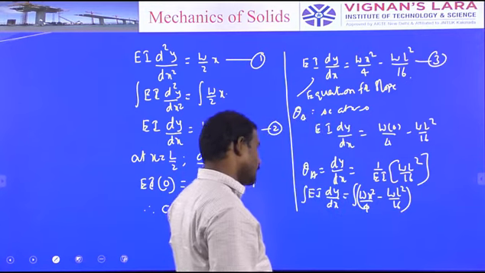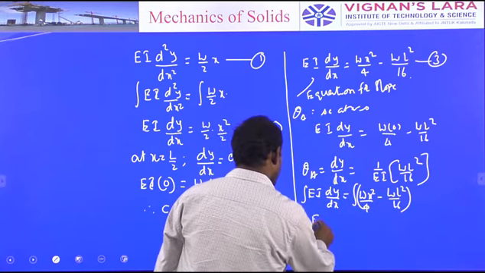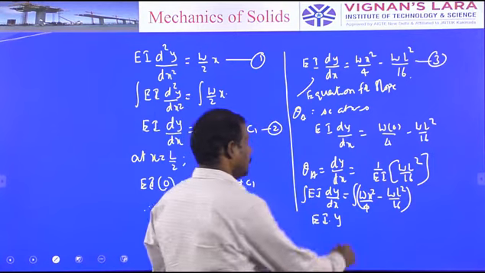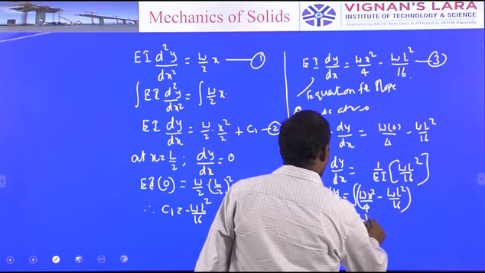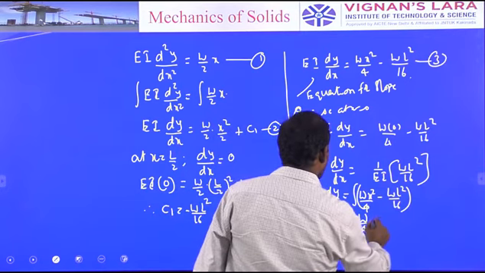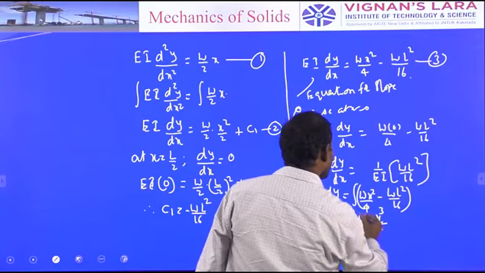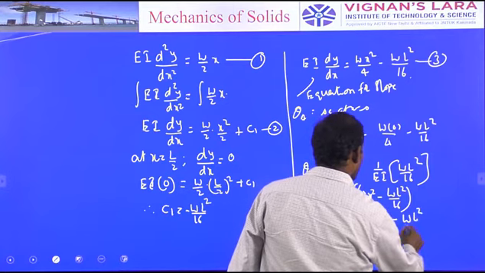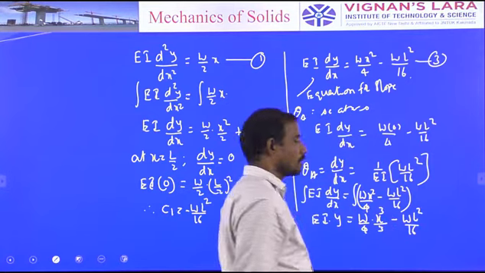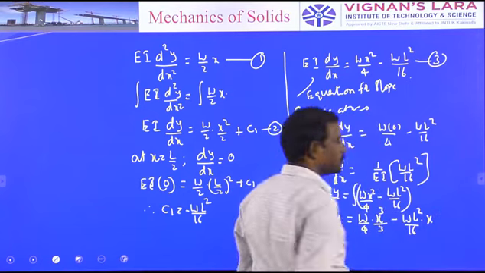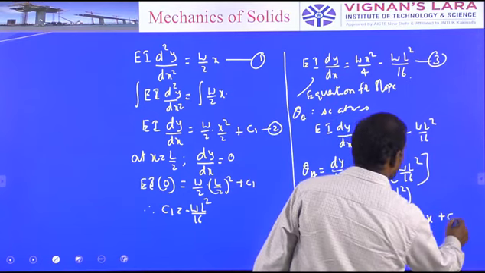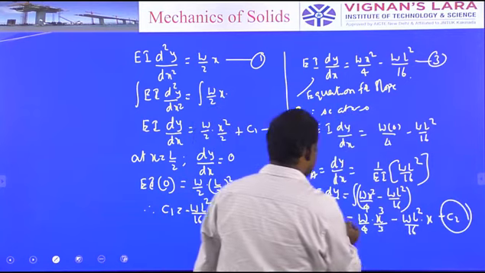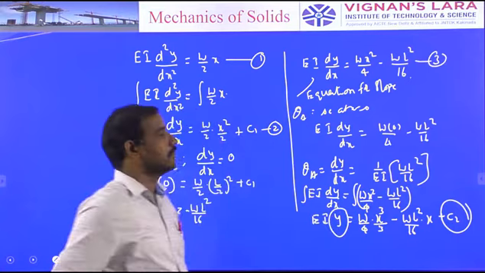So whenever it is integrated, it becomes EI into y is equal to w by 4 into x cube by 3, minus wL square by 16 into x, plus C2.